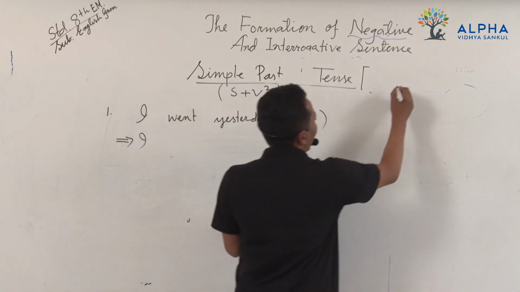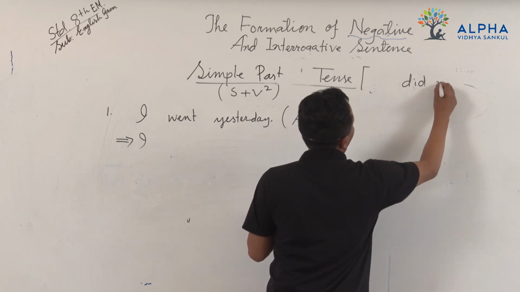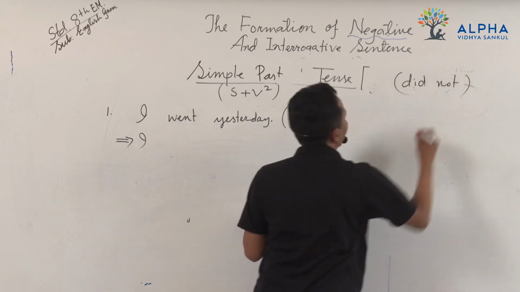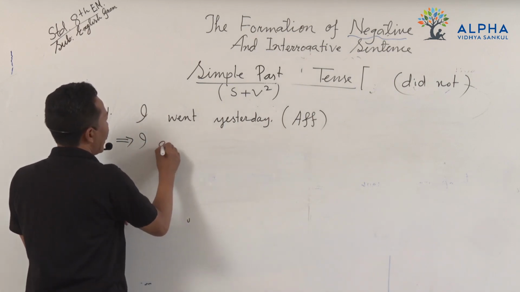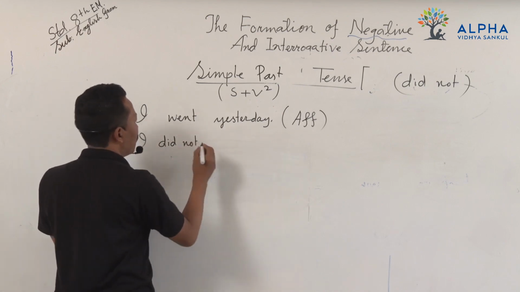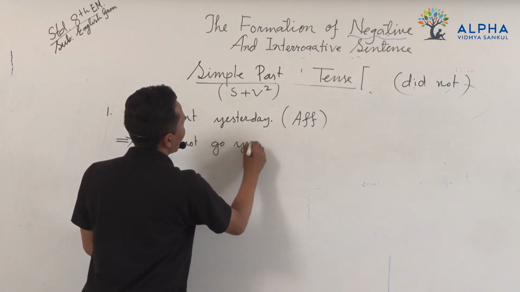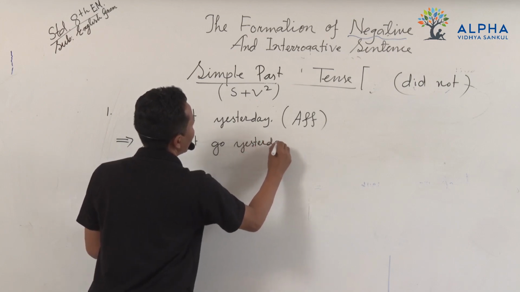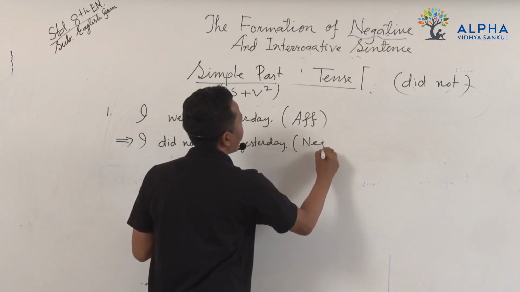And how can we make the negative? For the past tense, we have to use what? Did not. Students, for forming negative, we have to use did not. So, I did not go yesterday. Here it becomes negative.